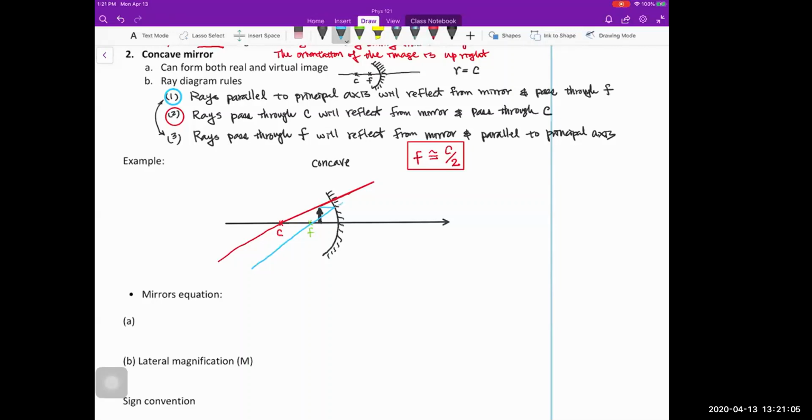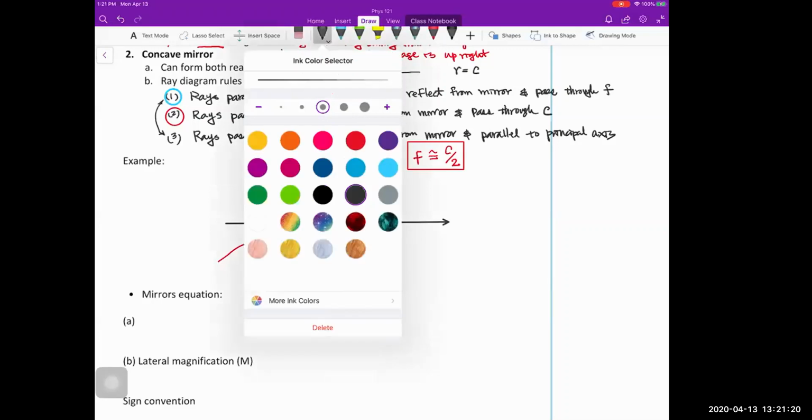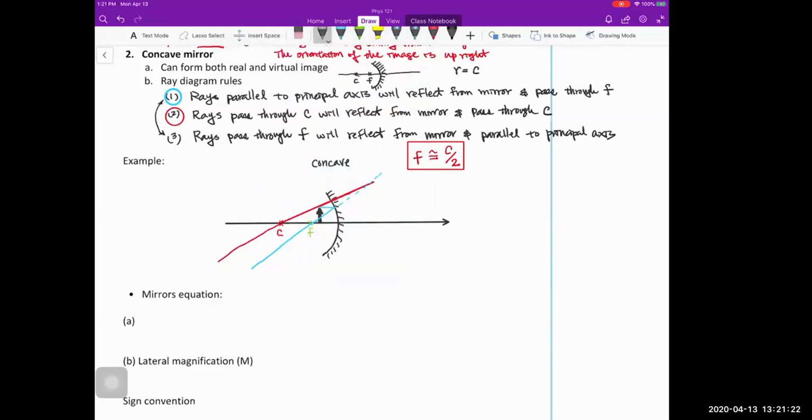If you continue to extend the blue one with the red one, you're going to see they intersect at a certain point. And that point is where your image is located. Which means if you actually draw the object, this object is going to be like this.